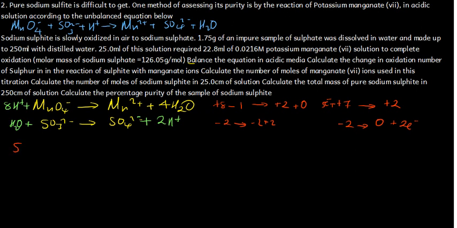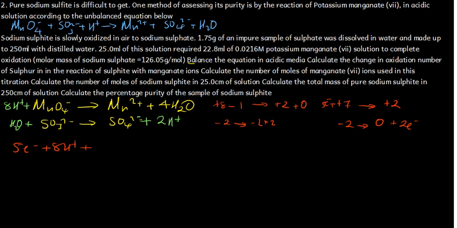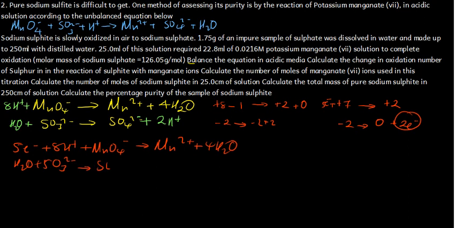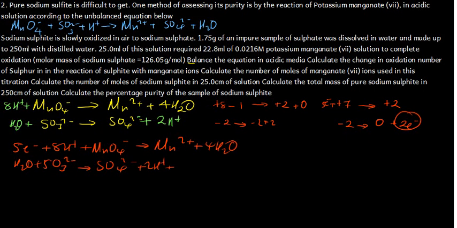And so that will be 5 electrons plus 8 hydrogen ions plus that, producing this compound. For the second half reaction, on the products we're adding 2 electrons, so that will give us water plus a sulfite ion to produce a sulfate ion and 2 hydrogen ions and also 2 electrons.